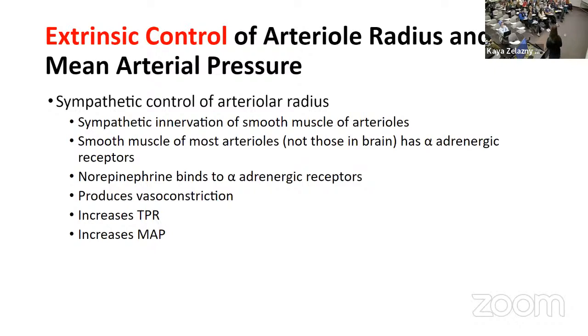So in most of the body, we have vasoconstriction because we're increasing resistance by decreasing the radius when we bind our norepinephrine into these alpha adrenergic receptors. So because this is happening in most of the body, we're going to have an increase in total peripheral resistance. So an increase in TPR, because TPR is just adding up the resistance throughout our whole system.